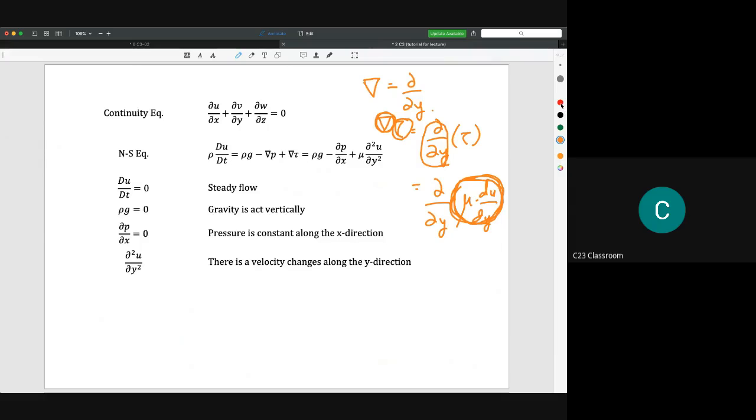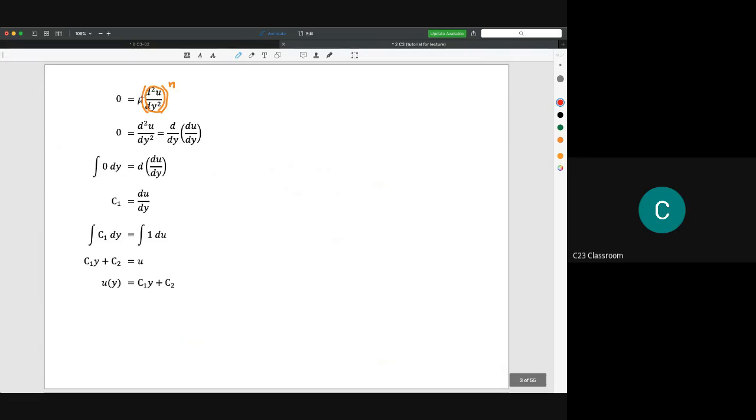That's why, as I said, if you want to do this, you need to start with the idea that we know this is mu d square u over dy square from the Navier-Stokes equation. So we could modify this term. I hope you could understand.